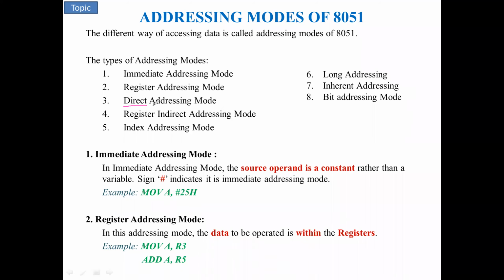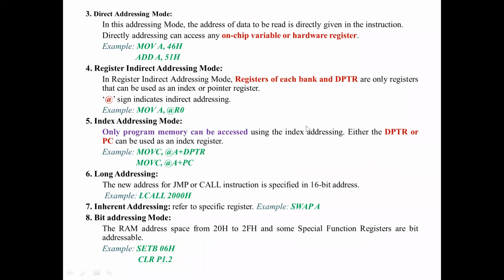Direct addressing, in the sense, here is a simple instruction: MOV A, 46. What is this 46? Here the 46 is the address, not the value. From this address, the data is moved to the accumulator in direct addressing mode.